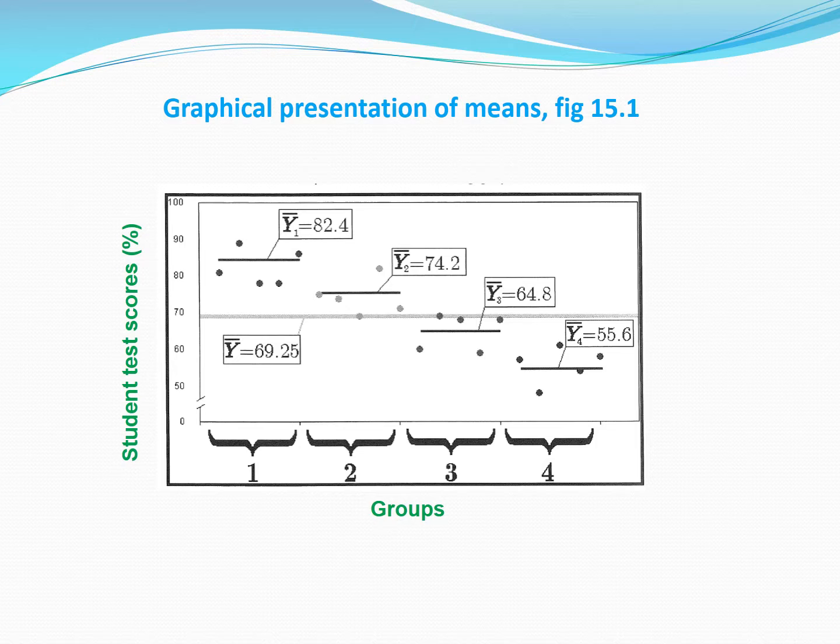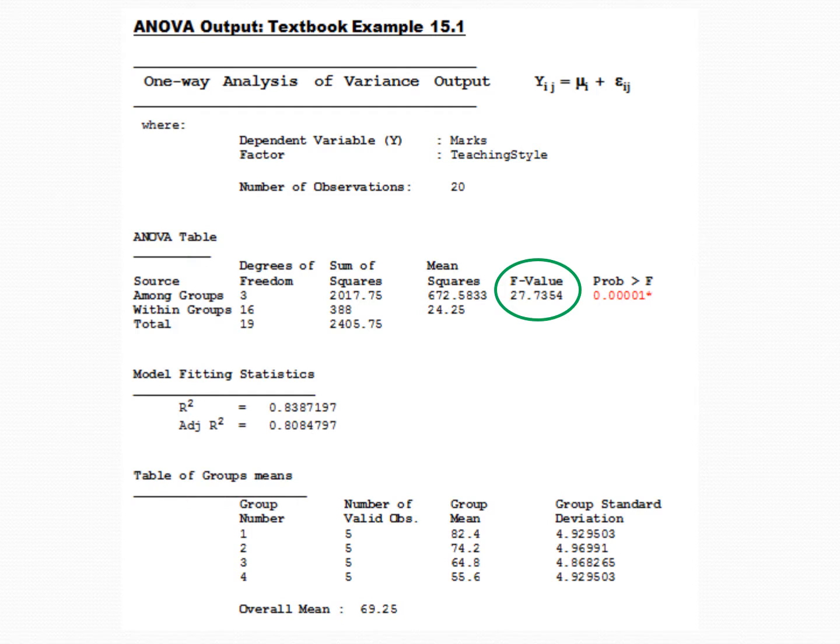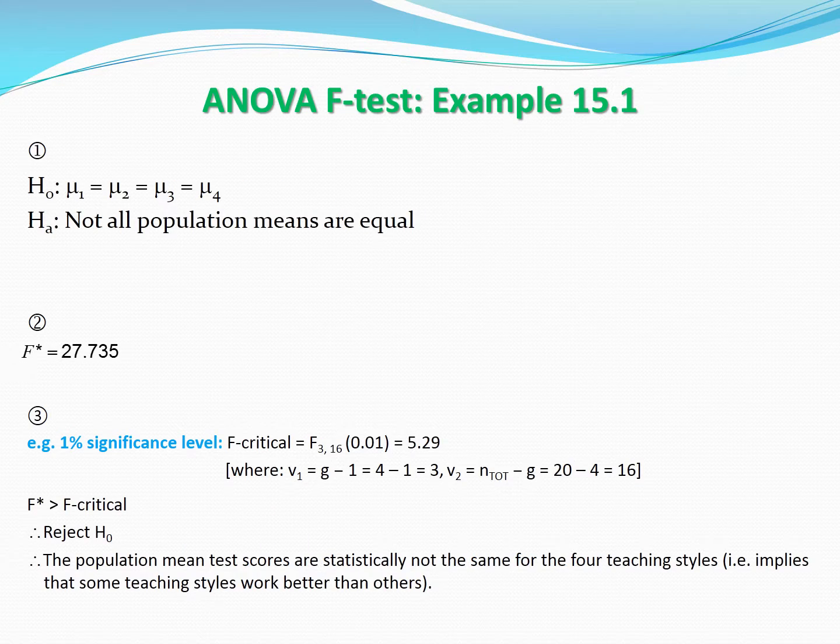And then this grey line over here indicates your overall mean for all 20 students. On your ANOVA computer output, you can see that your F statistic is going to be 27.7354, and that will be the value that we use in our hypothesis test for the F test.